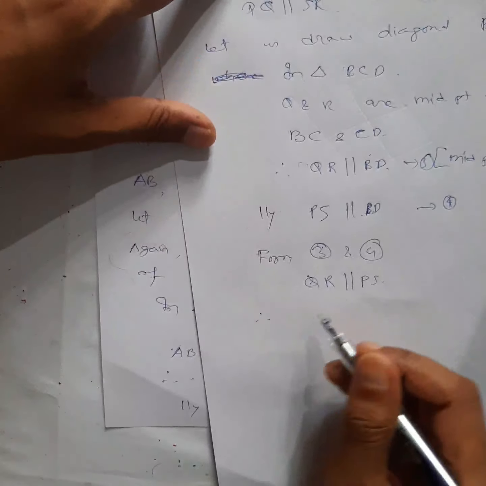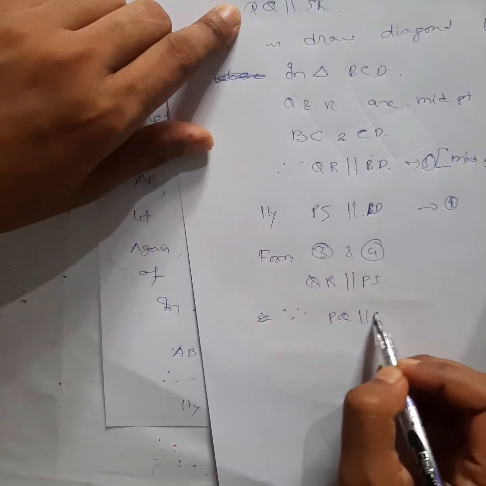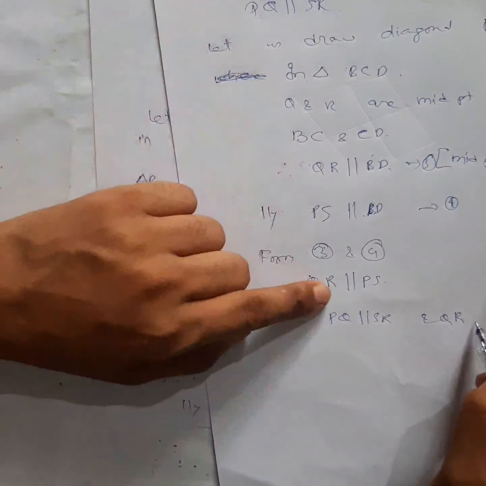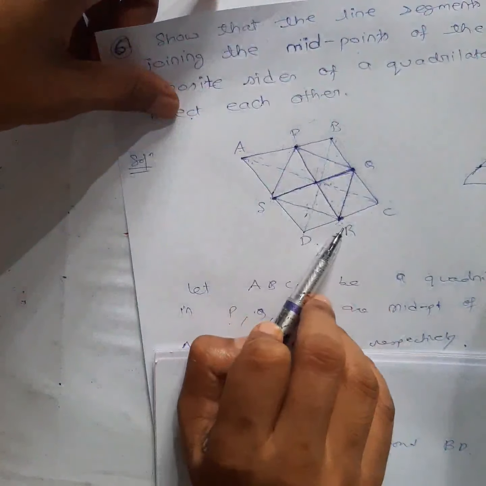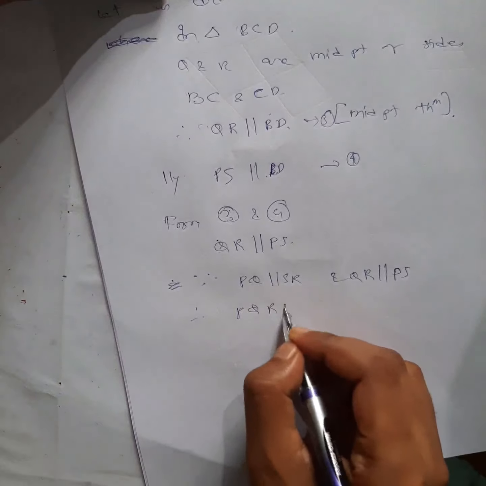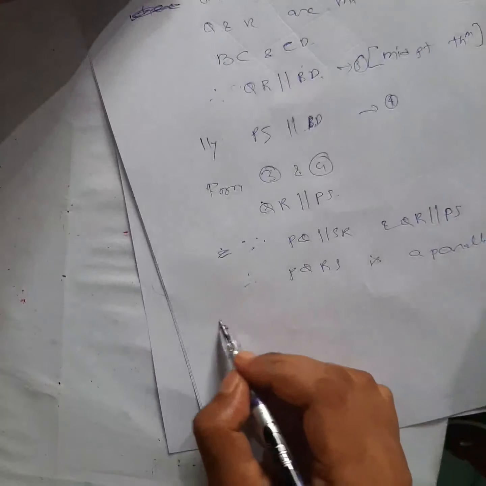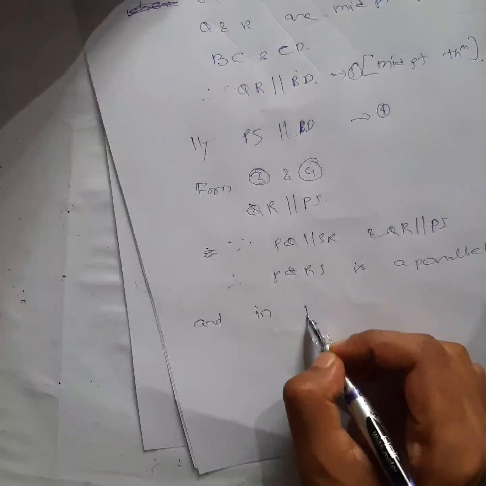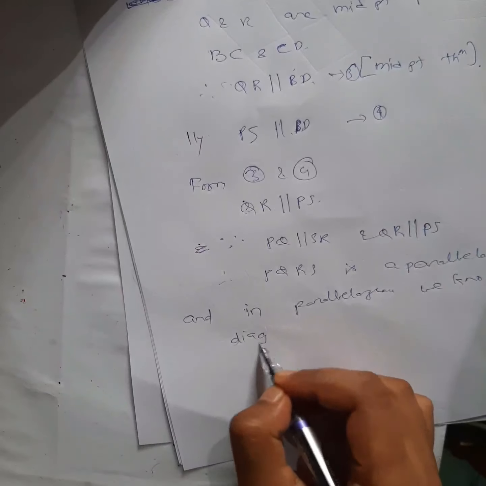Therefore, since PQ is parallel to SR and QR is parallel to PS, can I say quadrilateral PQRS is a parallelogram? Therefore, PQRS is a parallelogram. And in a parallelogram we know the diagonals bisect each other.